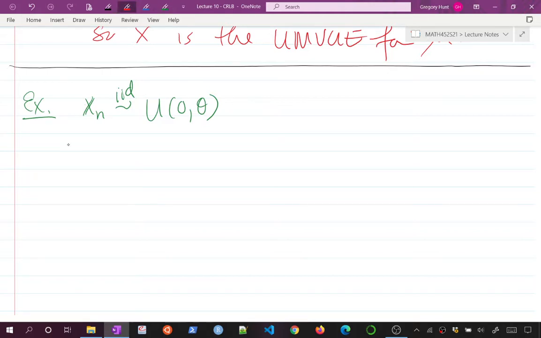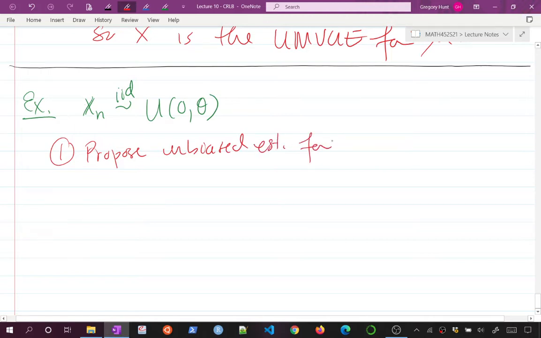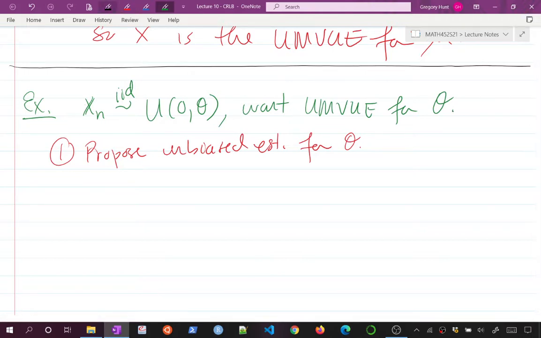So step one: propose an unbiased estimator for theta. What we want is the UMVUE for theta.